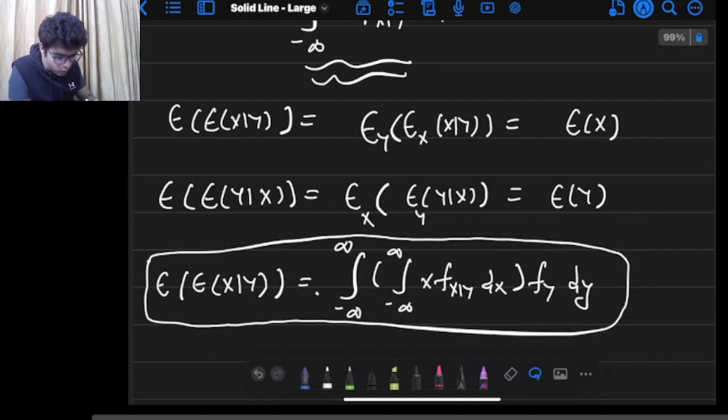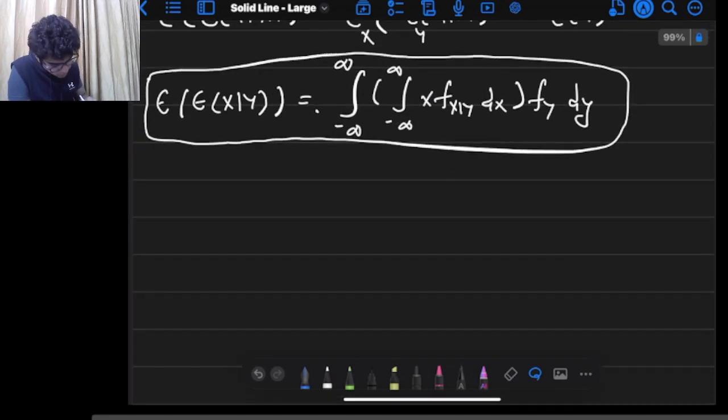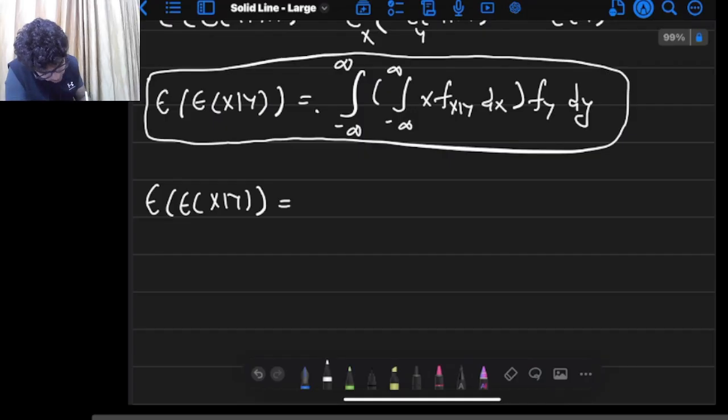Now let me show you how this equals the expectation of x. So this is x conditional y, from negative infinity to positive infinity.